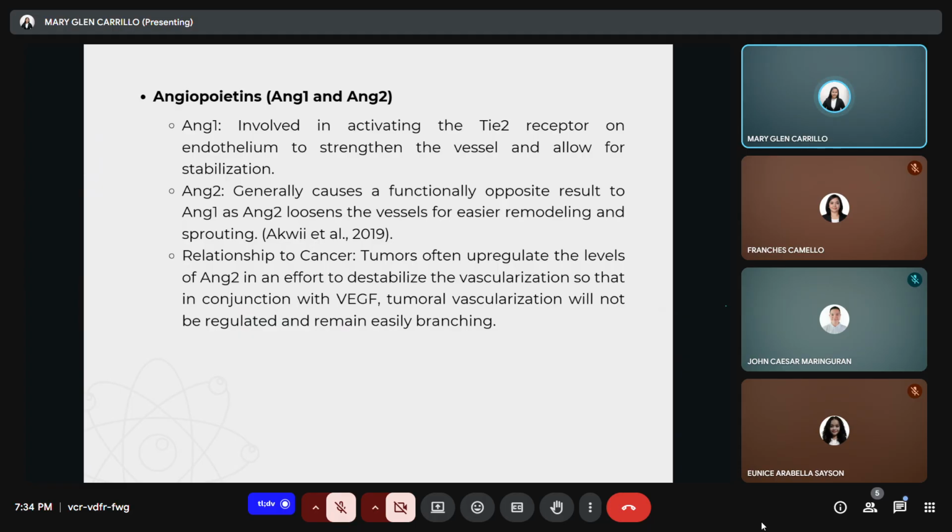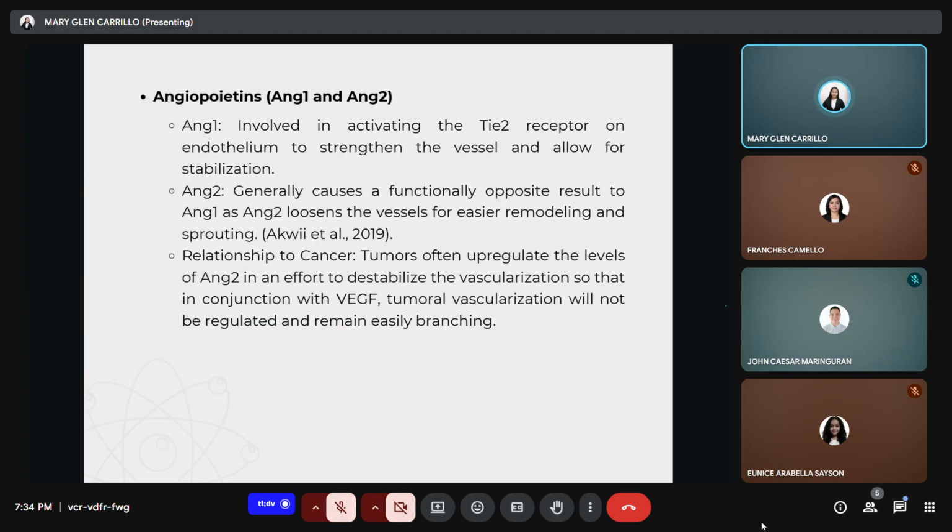So in terms of cancer, tumors often take advantage of ANG2. By increasing ANG2 levels, tumors destabilize the vessels around them. This, combined with VEGF signaling, allows the tumor's blood vessels to branch out rapidly and remain unregulated, giving the tumor more access to oxygen and nutrients. This is according to Actui et al., 2019.